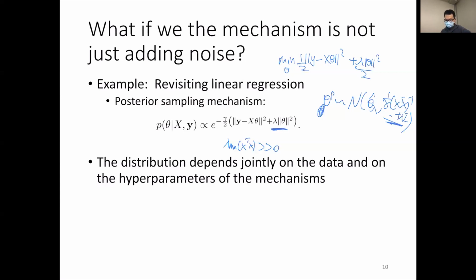But it is a distribution that depends jointly on the data and the hyperparameters of this mechanism. And over here, choosing the hyperparameters lambda and gamma according to some predefined privacy budget is non-trivial. It becomes even more challenging if we want to adapt to properties of the data set, right? And the question is how can we do it?